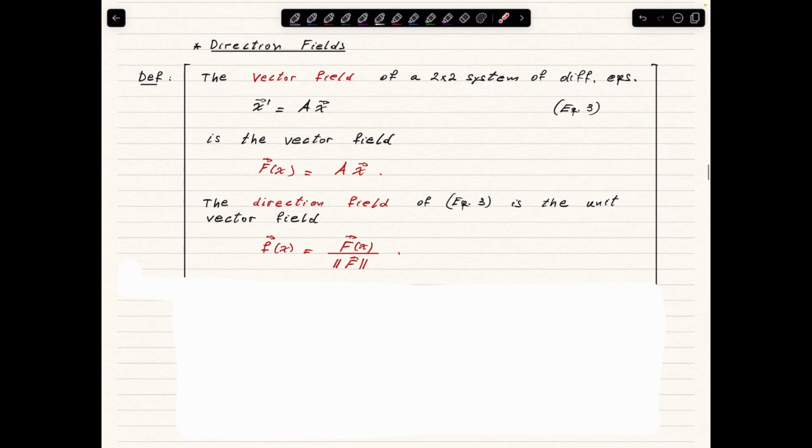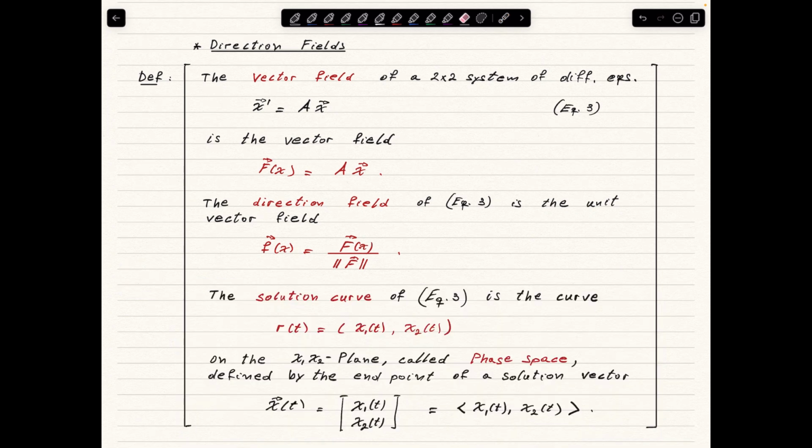Then we introduce one more concept, which is the solution curve of this equation, which is a curve given by the components x1 and x2, where x1 and x2 are the components of a solution of the differential equation.